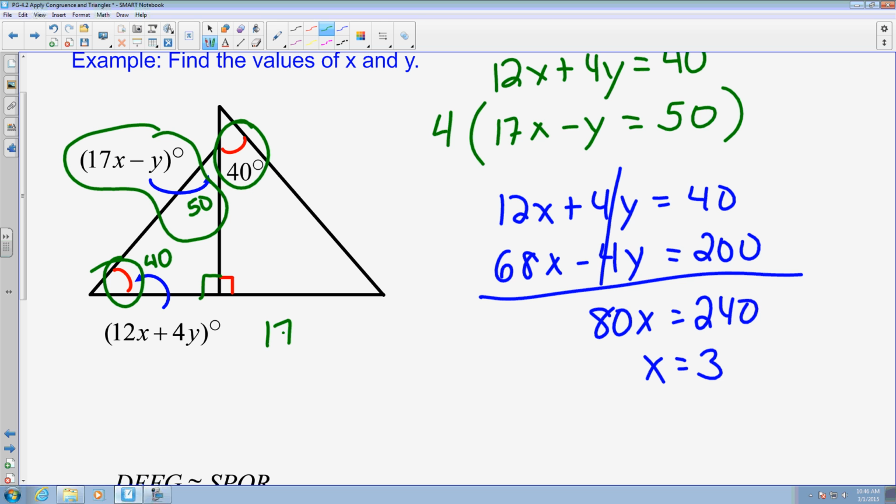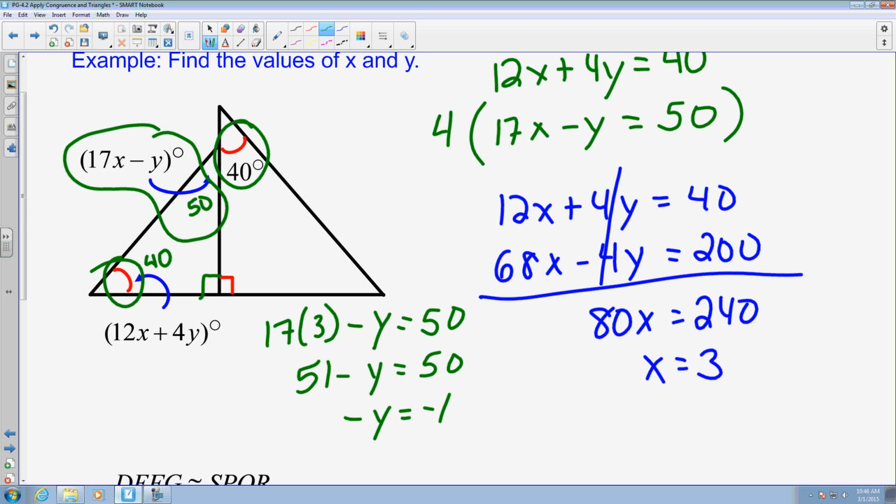So I'm just going to take 17, multiply it by 3 now, not x, minus y equals 50. 17 times 3 gives me 51, minus y equals 50. If I subtract 51 from both sides, I would get negative y equals -1. And then if you multiply or divide both sides by -1, this becomes positive, and so does this. So y is 1 and x equals 3.